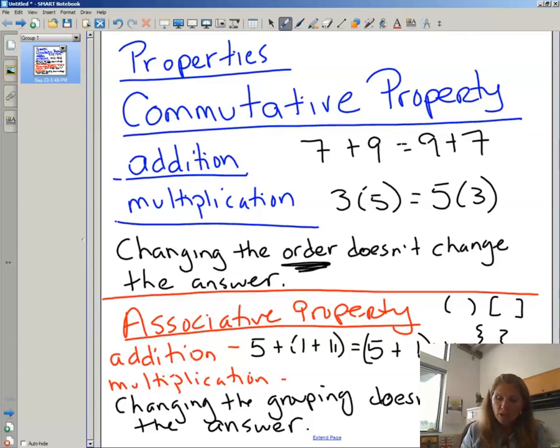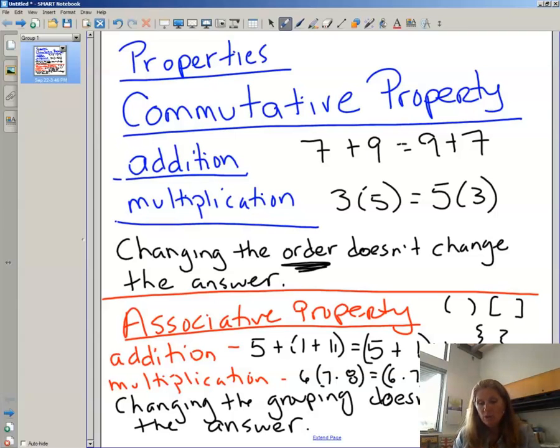And that's true for multiplication as well. If I have 6 times (7 times 8), I can write 6, 7, and 8, still the same order, but I'm going to move these parentheses over and make that 6 times 7 grouped together, and then 8 is out by itself.